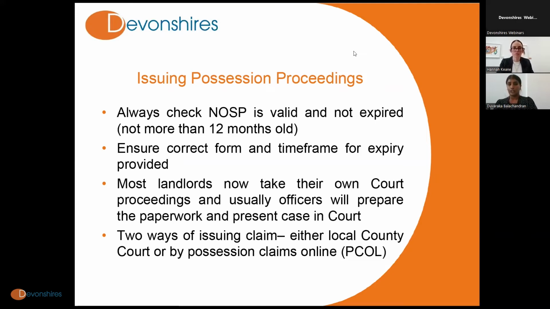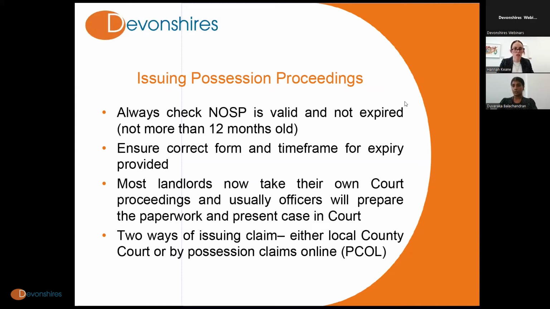So going back to issuing possession proceedings and going back to service of NOS, before we issue possession proceedings, we must always check the NOS is valid and it hasn't expired. As Hannah has touched upon, the notice is valid for 12 months. So it is very key that the notice is still valid before you start commencing possession proceedings.